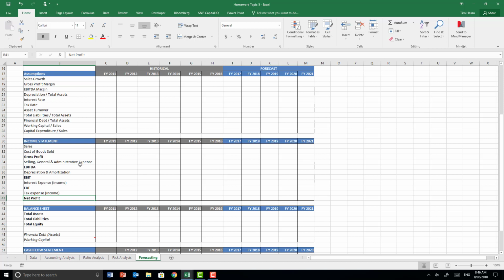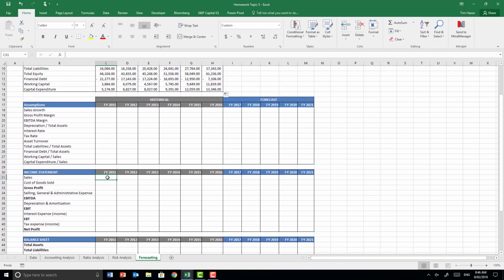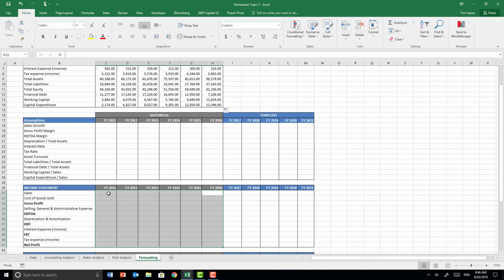To get started, what we first need to do is populate the income statement for the historical period. I have the historical period for H&M in this case from 2011 to 2016, and all I need to do is populate this area for H&M.